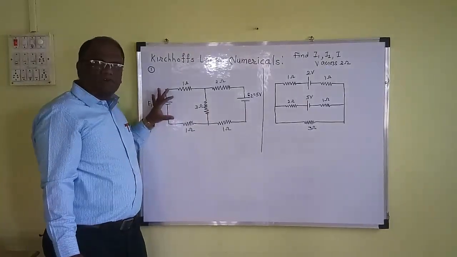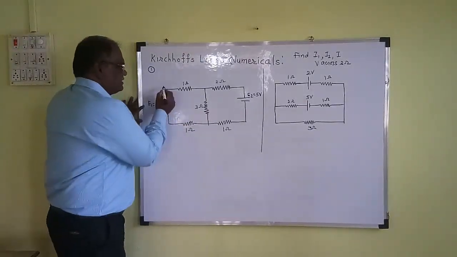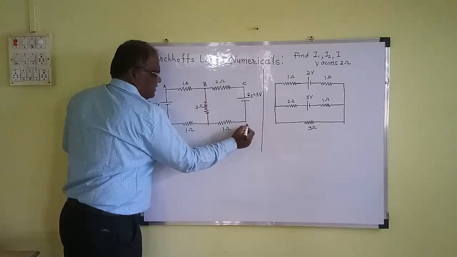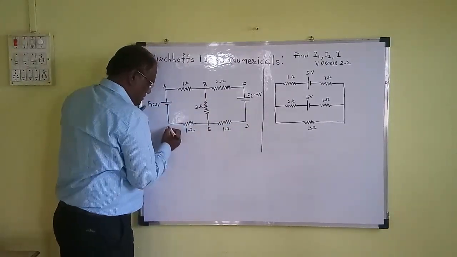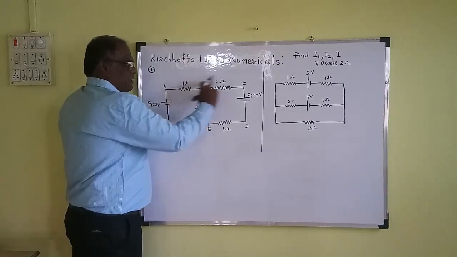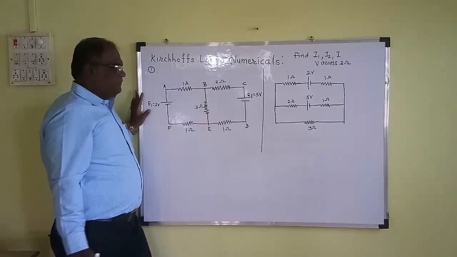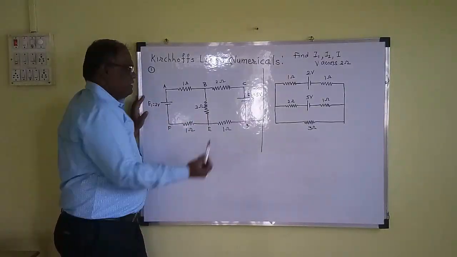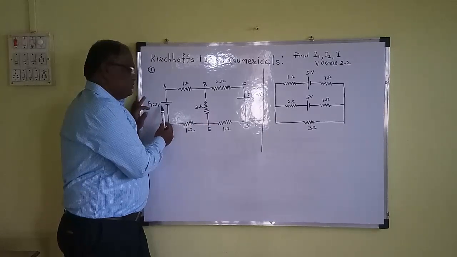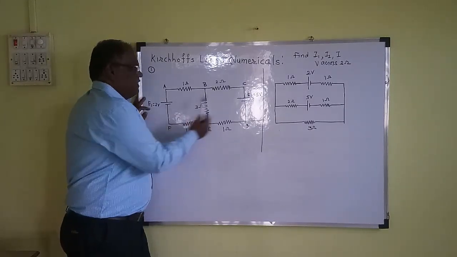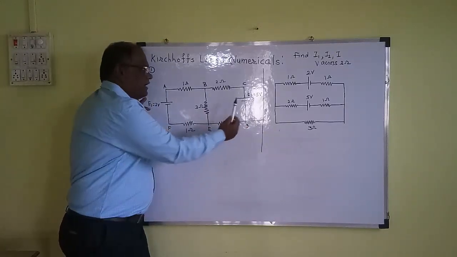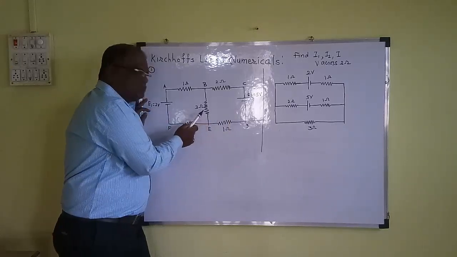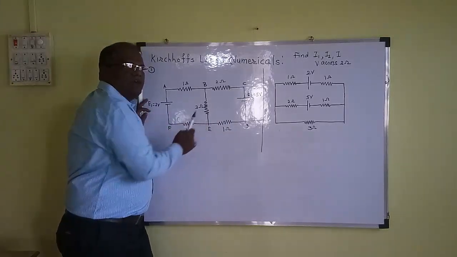This is the circuit given to you. Now let us label the points A, B, C, D, E, F, A. From this diagram you can observe that the two batteries, two cells E1 and E2, are connected in such a way that they are sending current through this common resistance in the same direction.